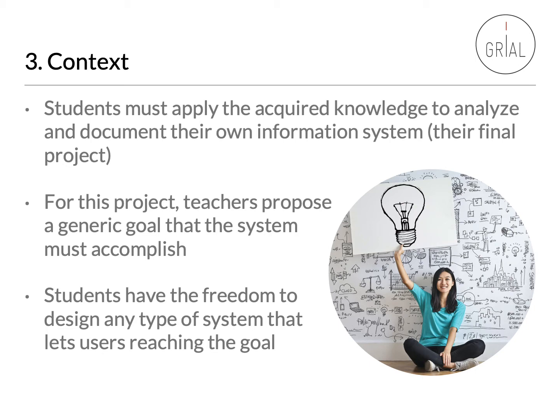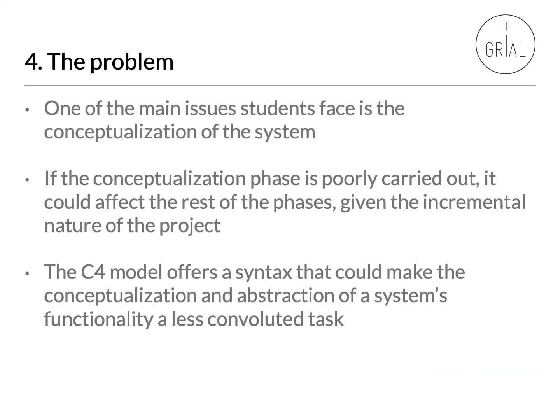Students must apply the acquired knowledge to analyze and document their own information system, their final project of the subject. For this project, teachers propose a generic goal that the system must comply with. Students have the freedom to design any type of system that lets users reach the goal.